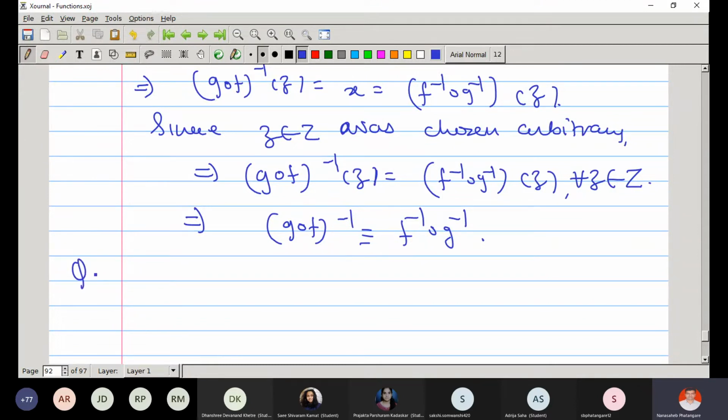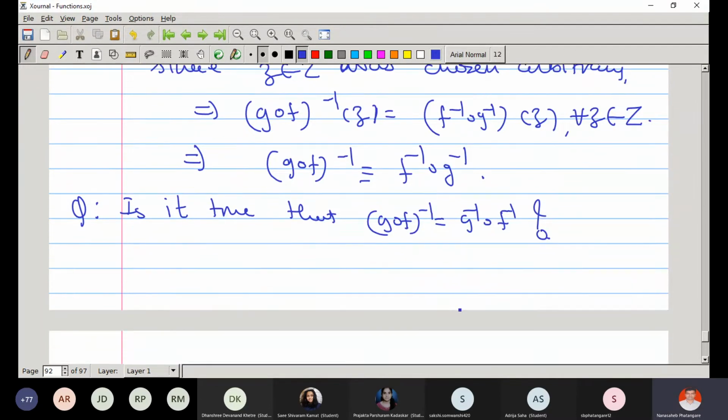Now the question I would like to ask: is it true that (G composite F) inverse is G inverse composite F inverse? Does it make sense? No, it doesn't make sense.